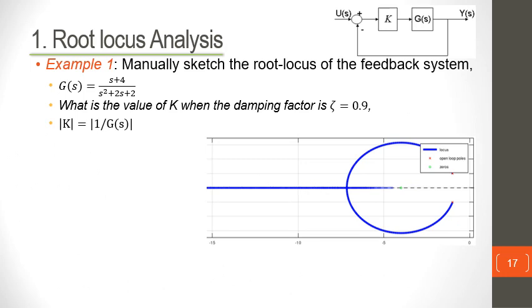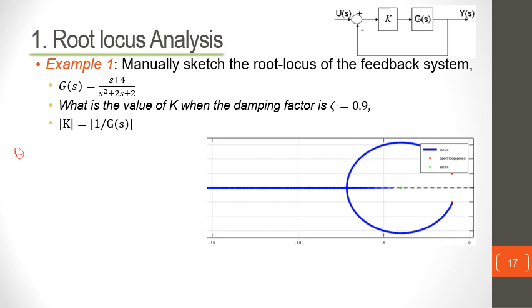Another interesting bit of analysis that can be done, which is of a similar sense, is, let's say we want to find out the value of K for when the damping factor is 0.9. Now we know from the analysis of the second order that the damping factor is related to the angle at which the pole is located.